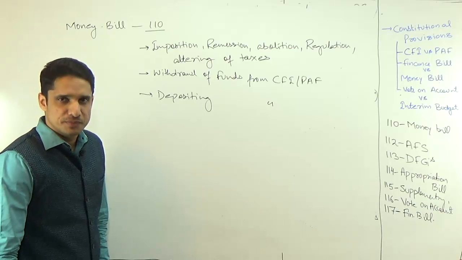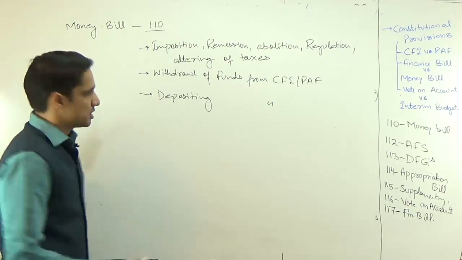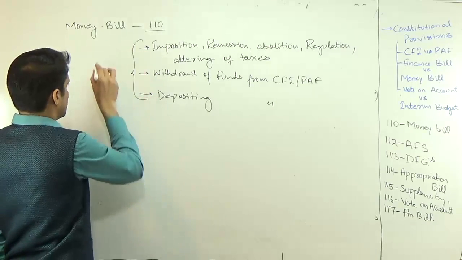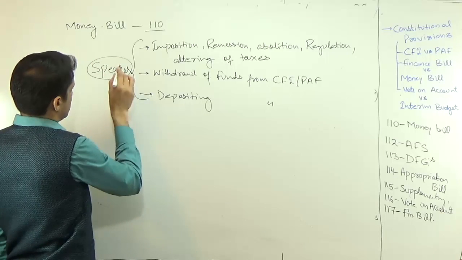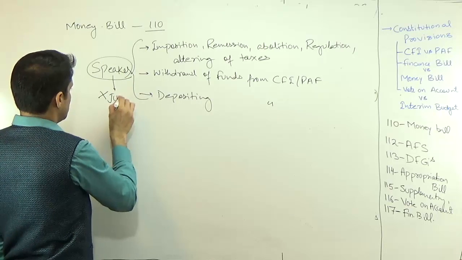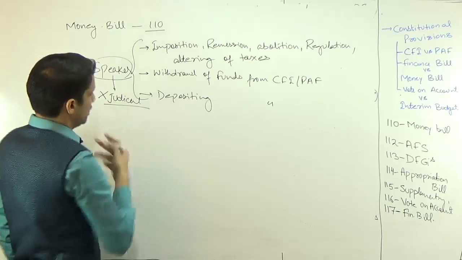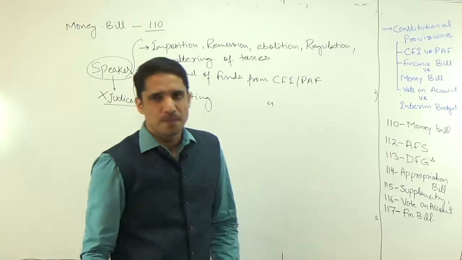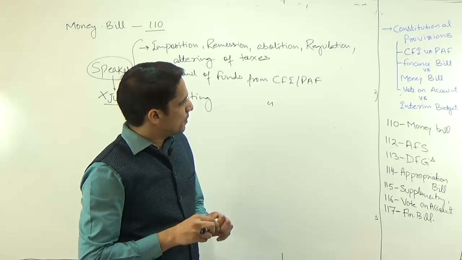If there is any bill related to all these things, that bill will be regarded as money bill. And who finally decides whether this bill is money bill or not? The Speaker decides. The Lok Sabha Speaker has the final say, and this final decision of the Speaker cannot even be challenged by the judiciary.